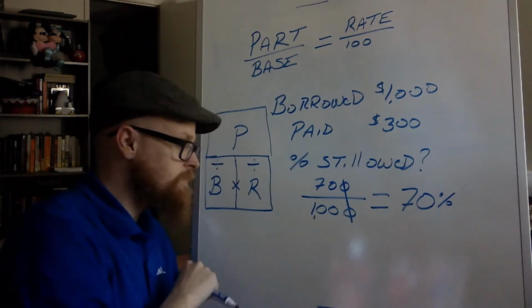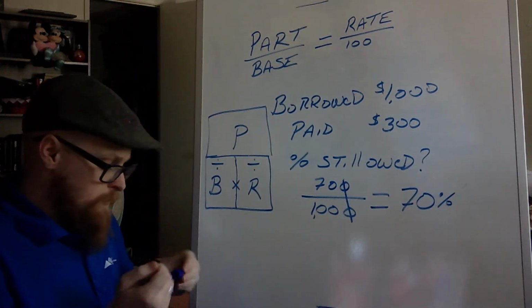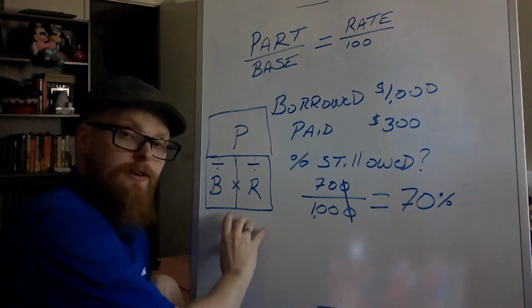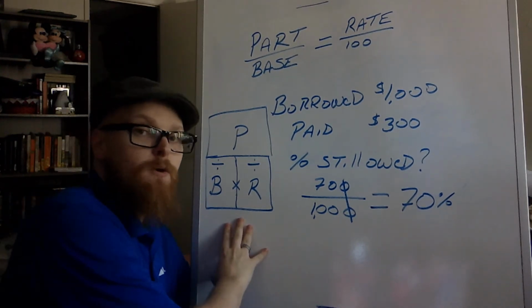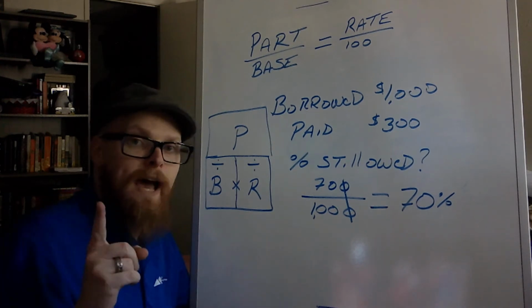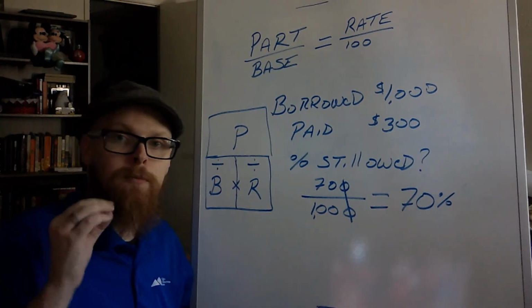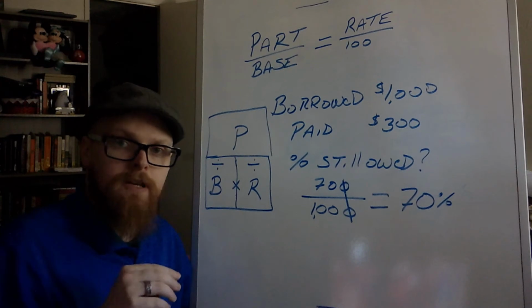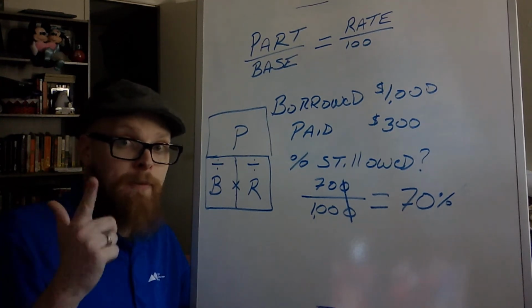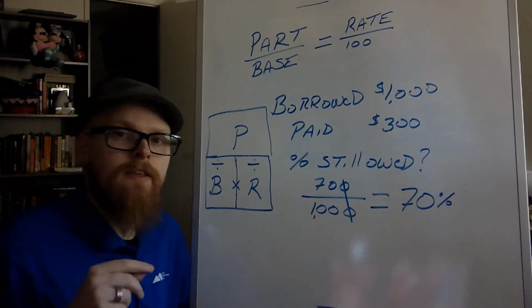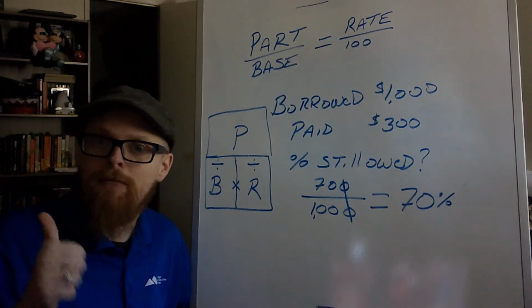So, when you see these and you're working with percentages, the first task to solve these is to identify your pieces. What did they give me? What am I finding? Did they give me a part and a base, and I'm finding the rate? Did they give me the rate and the base, and I'm finding a part?